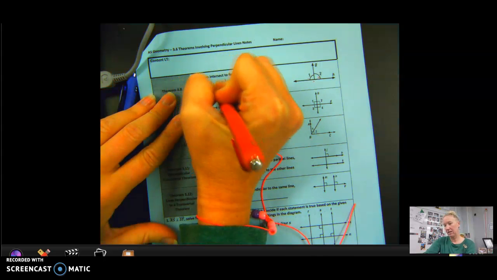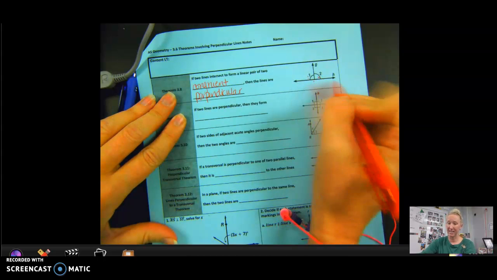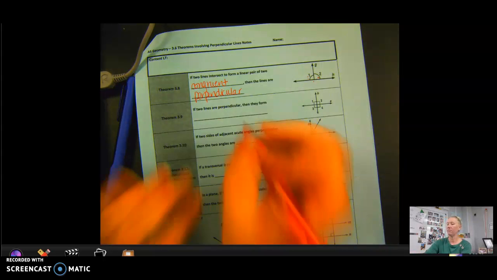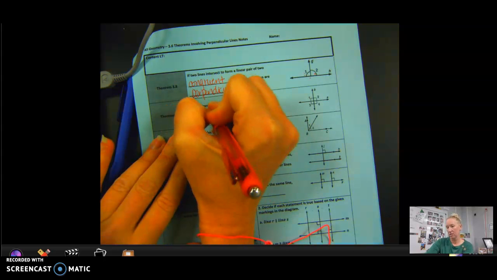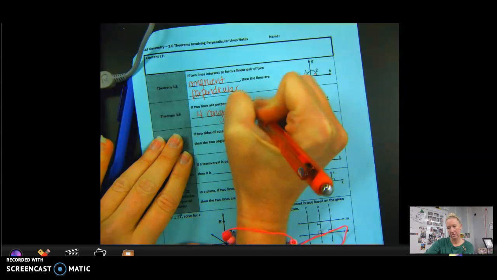Because the only way to make congruent angles that make 180 is for them to be 90 each, therefore they would be perpendicular. Theorem 3.9, if two lines are perpendicular, then they form four congruent right angles.